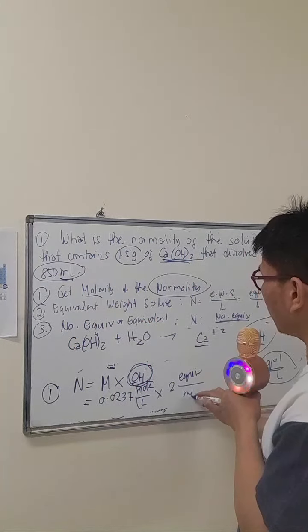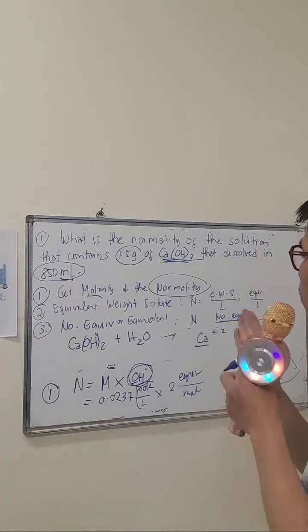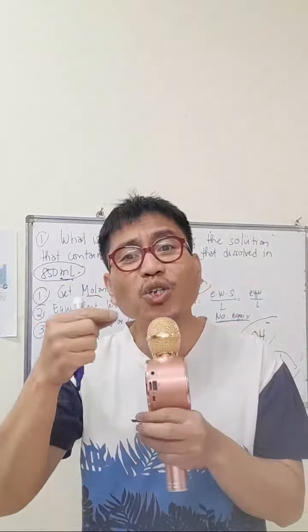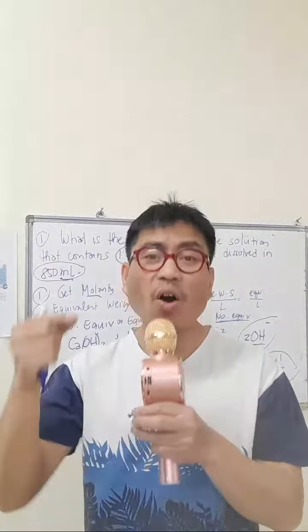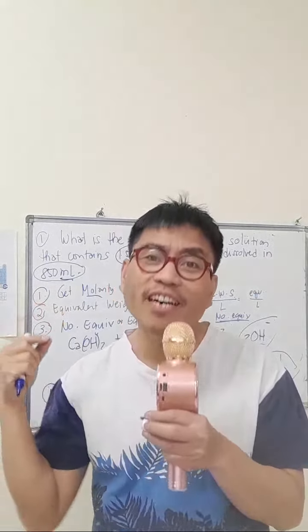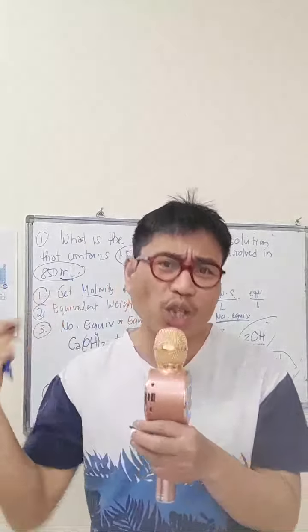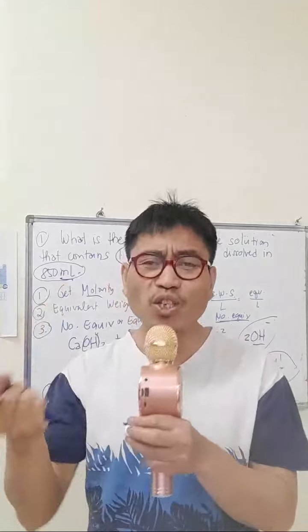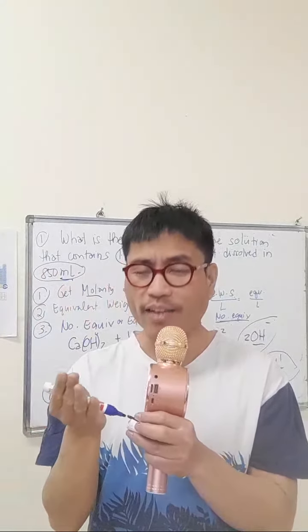Okay? Why? This means in every mole of calcium hydroxide, there are 2 equivalent or replaceable OH during the introduction or dissociation into the aqueous solution, which is the water in the Arrhenius theory. Why I say that?